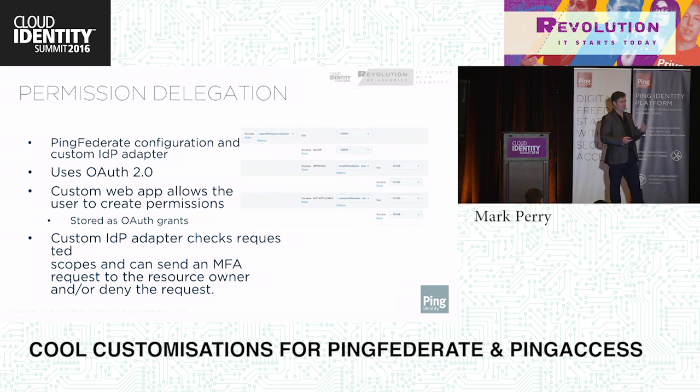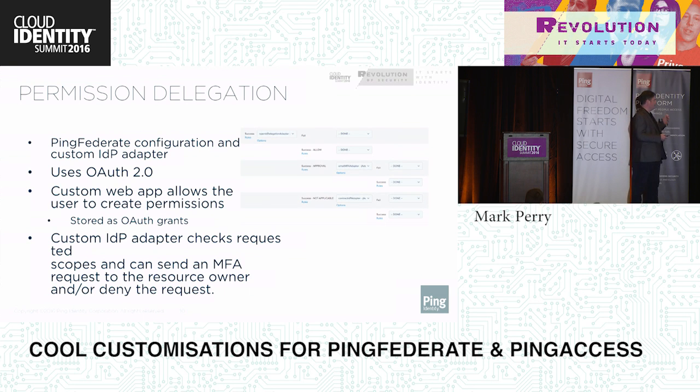So very easy just to plug into the PingFederate server if you want it to run there, or you could run it externally as well. So the custom IDP adapter checks the requested scopes coming from the request from the third party, whether it be my wife or monster.com, and then checks that against the grants that have been provided to that end user in the PingFederate database.